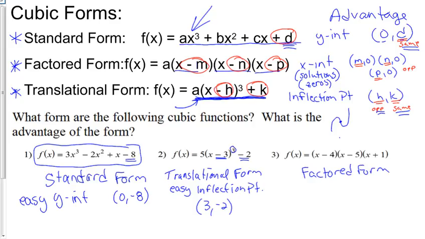Sometimes this first bundle will just have an x attached to it, so you'll see like two sets of parentheses and an x. That's still three bundles. One of them just has a 0 in it, that's all. And for factored form, we have easy x-intercepts or easy solutions. And in this case, it's (4, 0), because remember they're all opposite, (5, 0), and (negative 1, 0).